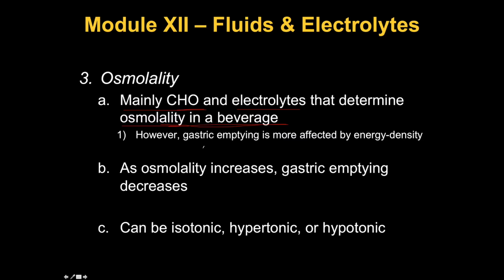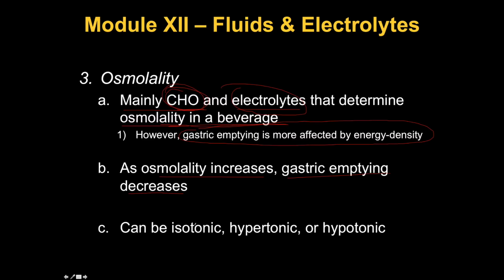And we know that as the osmolality increases, we can actually decrease the gastric emptying rate. So we need to be really careful about how much we affect the osmolality. Now, what's interesting is that gastric emptying does tend to be more affected by the energy density, so it's more related to the amount of carbohydrate in the sports drink compared with the electrolyte that's affecting the osmolality.